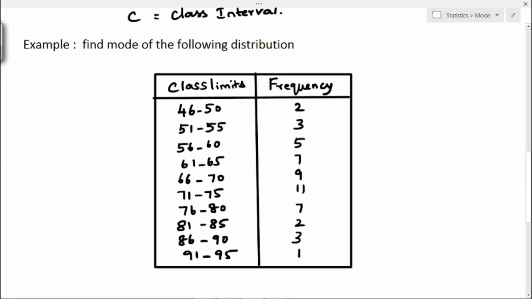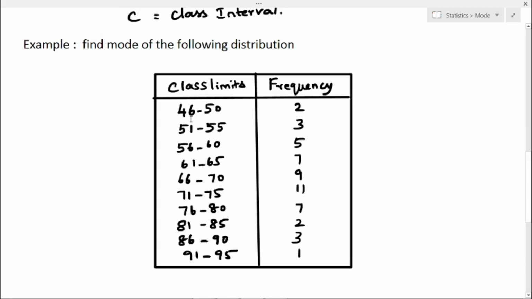These class limits are not true class limits, because the first interval ends with 50 and the next one starts with 51. The true class limits would be 46 to 50, then 50 to 55, 55 to 60, and so on. So now we have to convert these class intervals into true class limits, and then find the mode value.